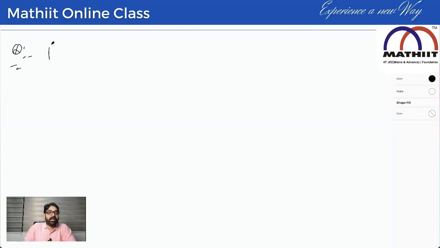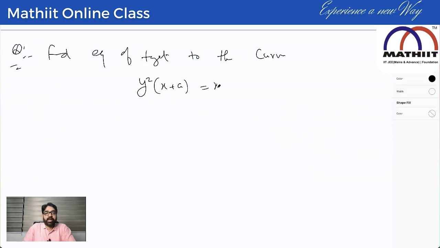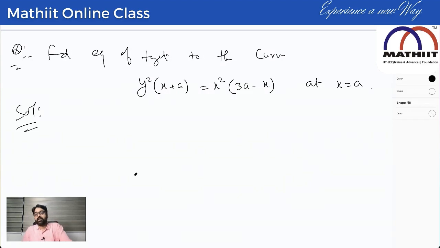Right now, find equation of tangent to the curve y square into x plus a equal to x square into 3a minus x at x equal to a. Very quickly, everybody try to solve.